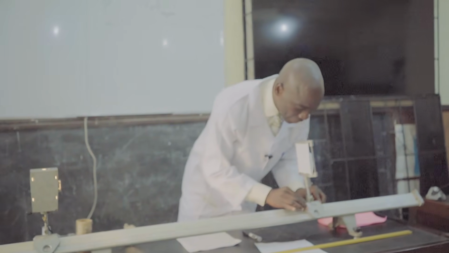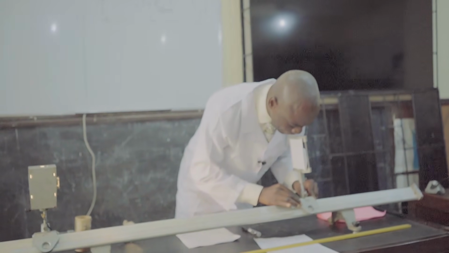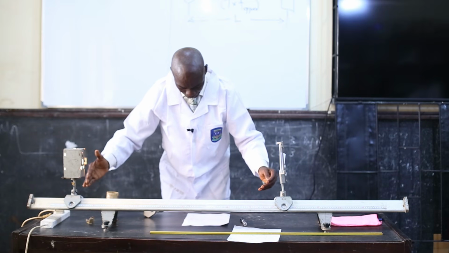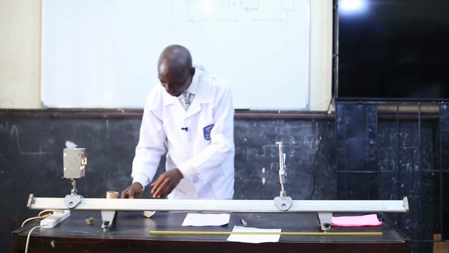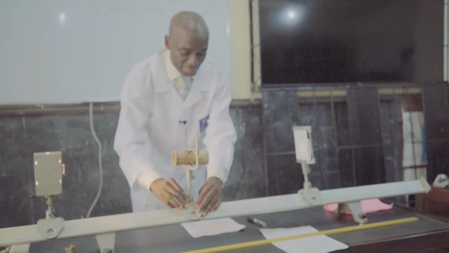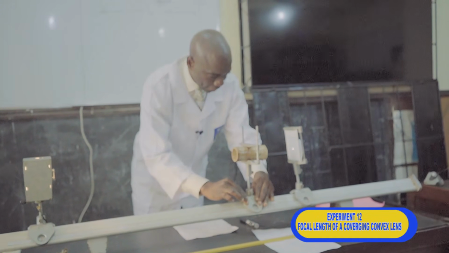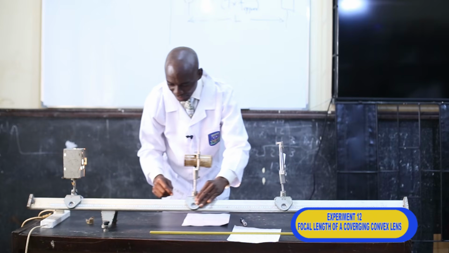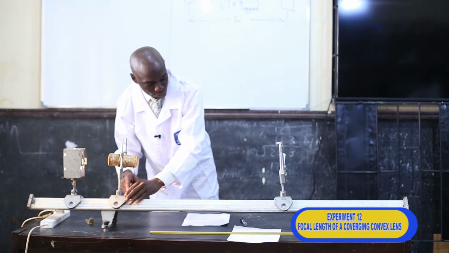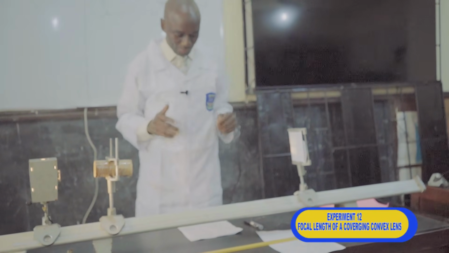When you reduce by 5 centimeters, that gives us the new L. Again, we repeat and place the convex lens in between to get the sharp diminished image, marked as L1, and the sharp magnified image again as L2. That will be repeated to obtain a set of 7 values.